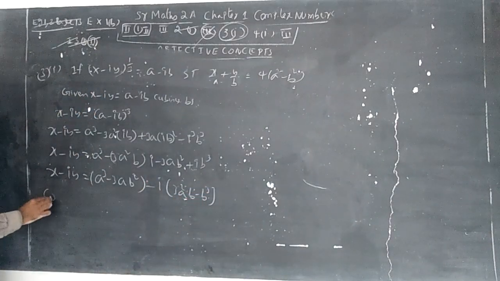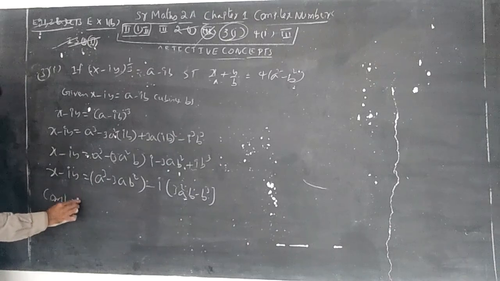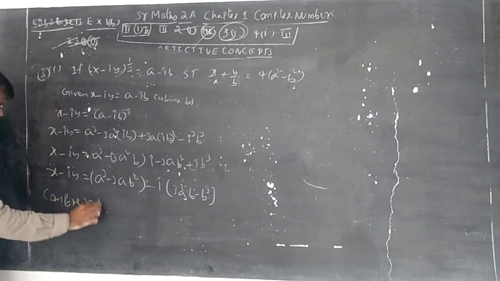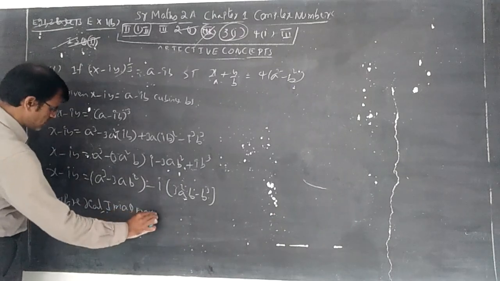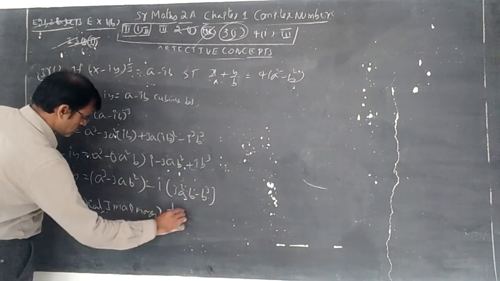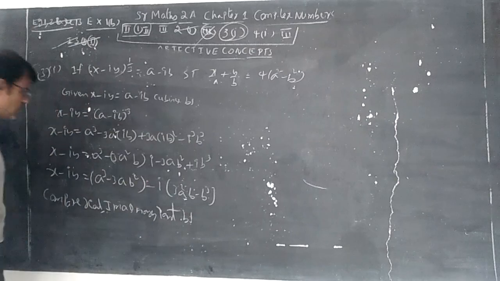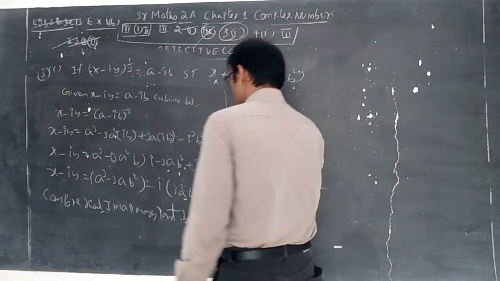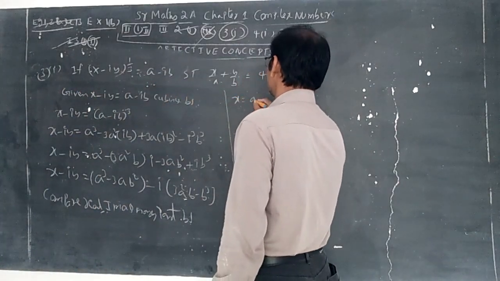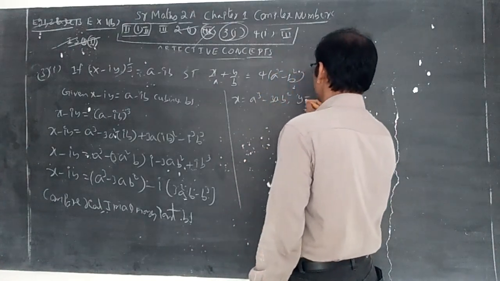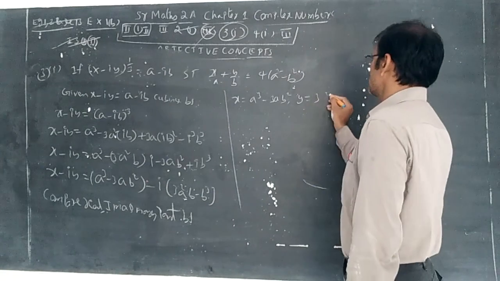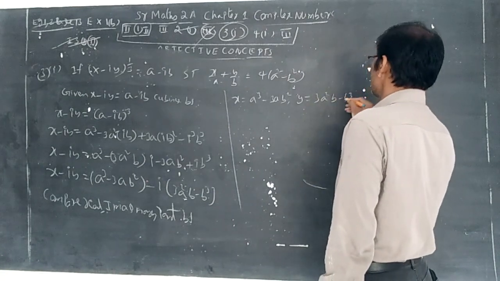Now compare real and imaginary parts on both sides. So x is equal to a cube minus 3ab square, y is equal to 3a square b minus b cube.